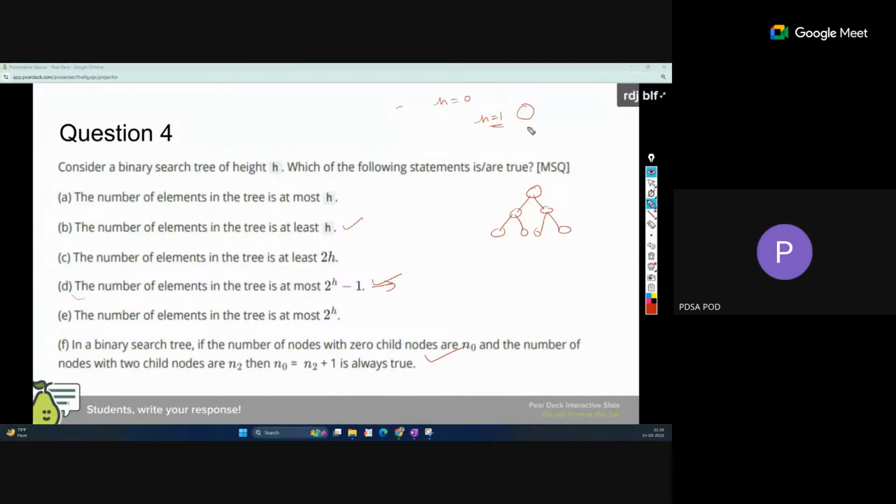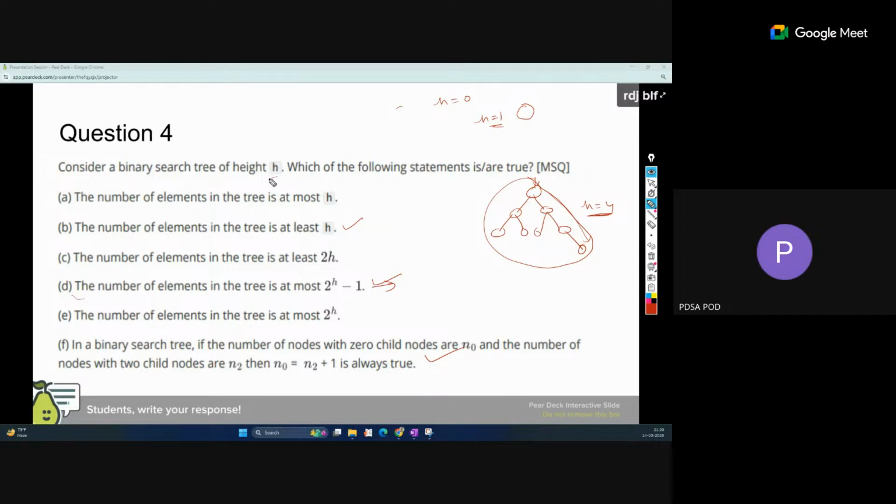How do we calculate the height? We select from the root node to any leaf node the path which has the highest length. Suppose if I connect one more node here, check root to leaf, which path is the longest path. So this path is the longest path, and the number of nodes coming on it makes h equal to 4. So the height for this tree is actually 4.